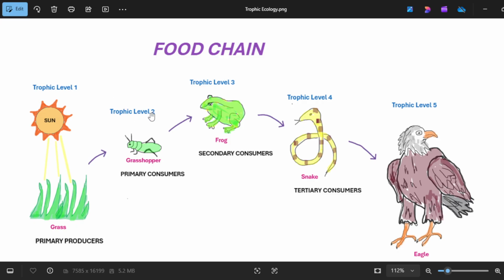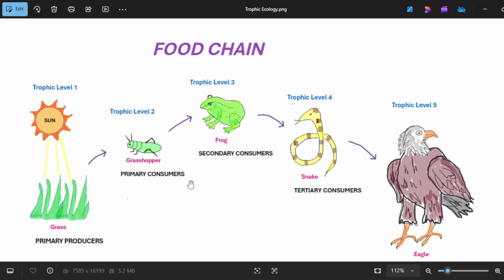Next is trophic level 2. This occupies the second position, the grasshopper, which eats grass. This is also called the primary consumer. So what are primary consumers? Primary consumers are always the herbivores, which eat plants and have a plant-based diet.